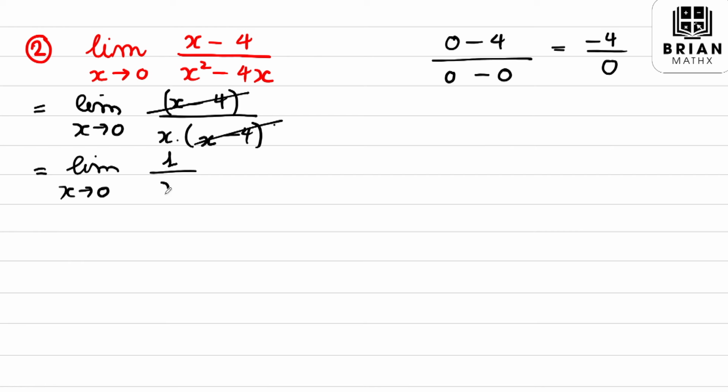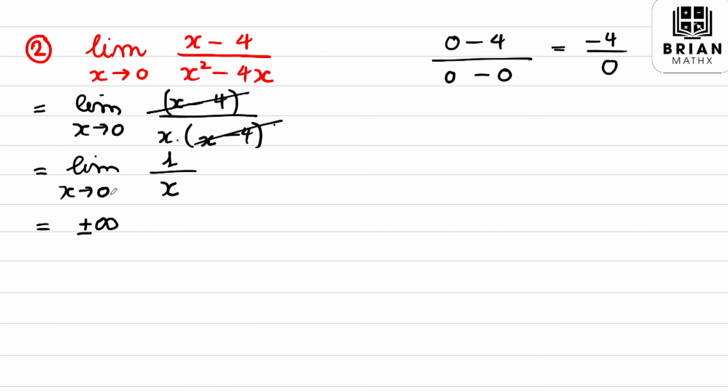I have 1 over x here. When x approaches 0, it means x is very small. So 1 over a small number becomes a very big number. This fraction will become positive or maybe negative infinity. Yes, plus or minus infinity is my final answer for this question.